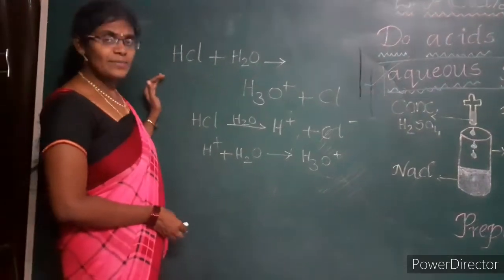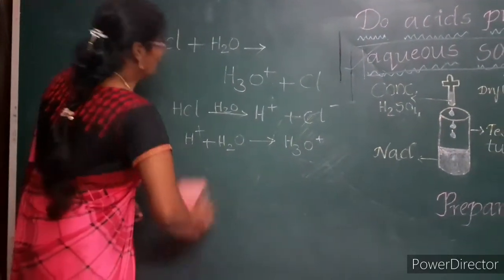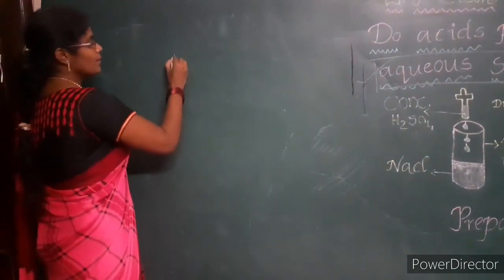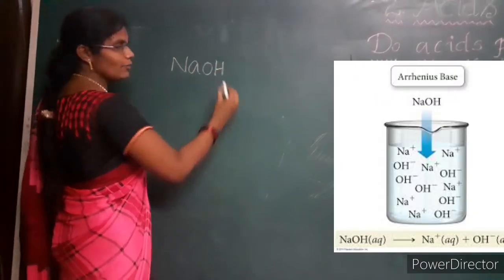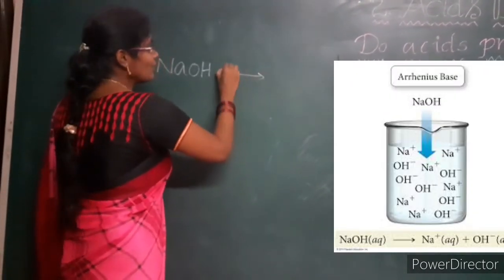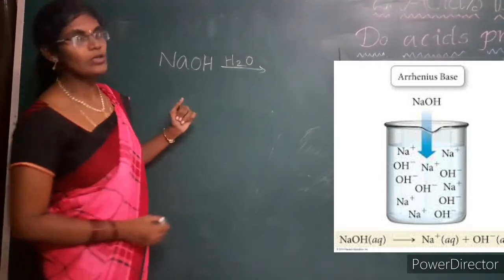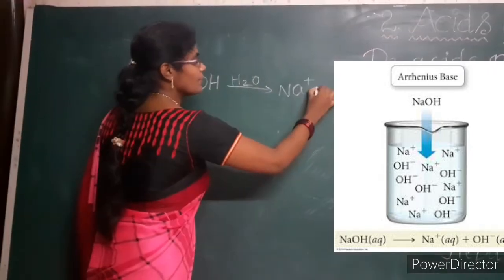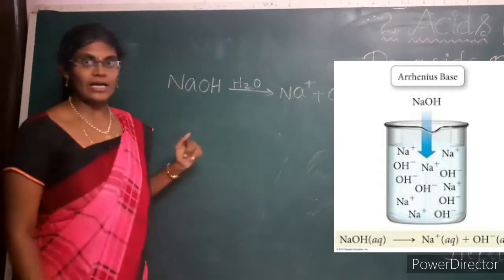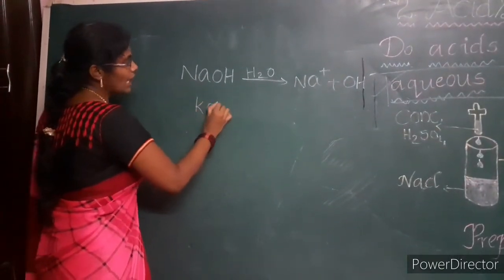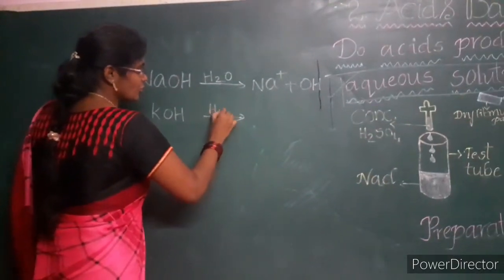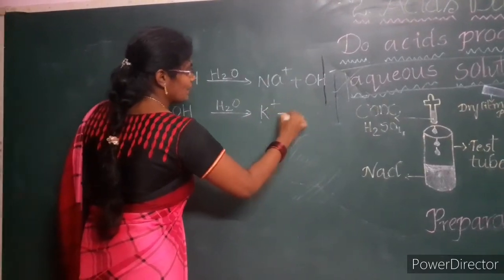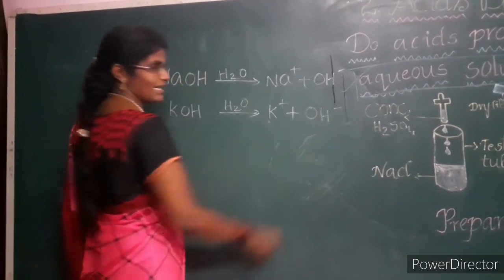Okay. Similarly, next, in case of bases, when bases react with water, for example, if you take NaOH, NaOH in aqueous solution, means in water, it dissociates into Na plus and OH minus ions. Similarly, potassium hydroxide also. In aqueous solution, the potassium hydroxide dissociates into K plus and OH minus.